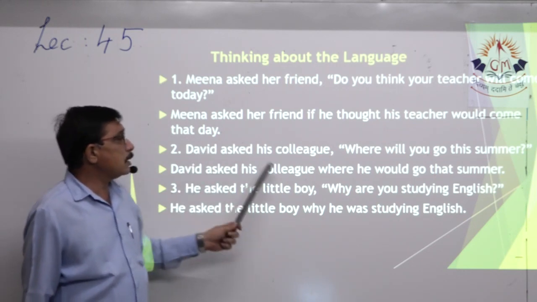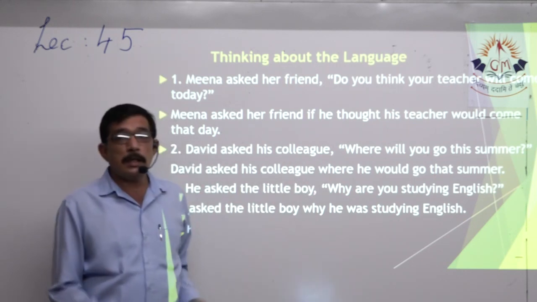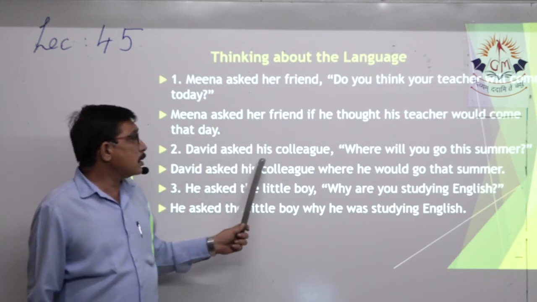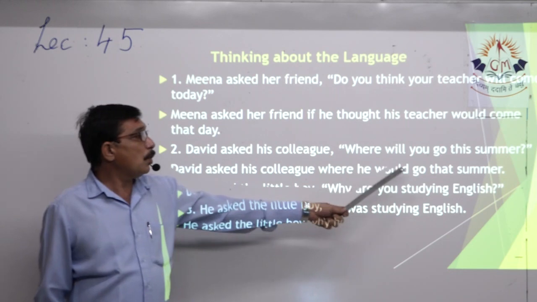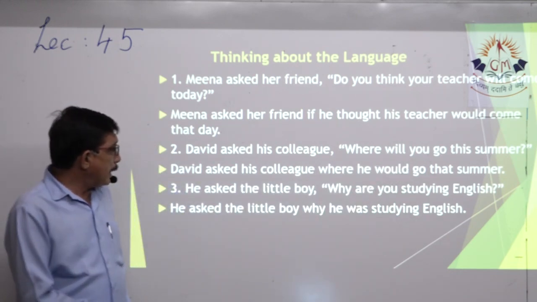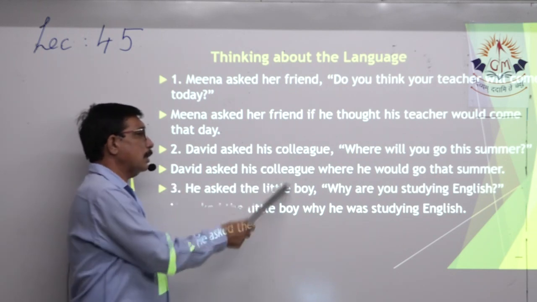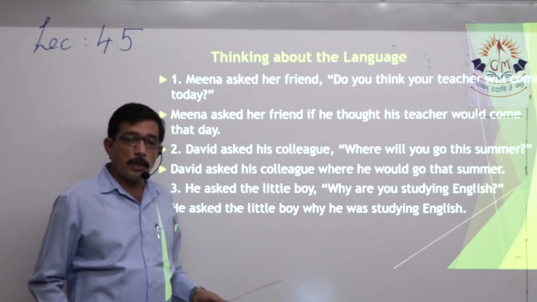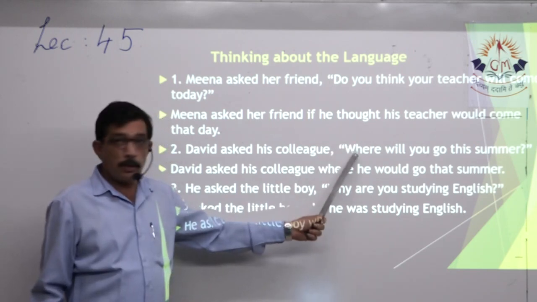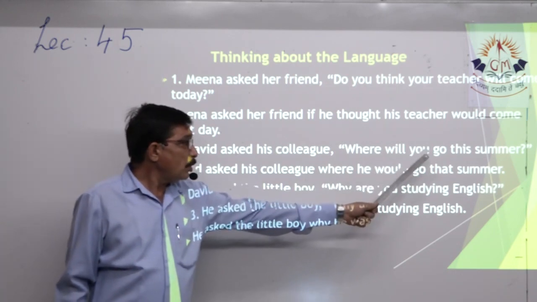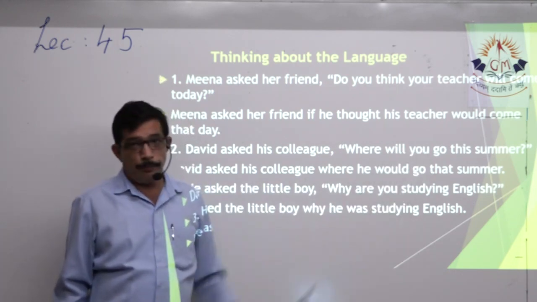David asked his colleague. A colleague is the one who works with him. David asked his colleague, where will you go this summer? Till here it remains the same. We remove the comma and inverted commas, we don't put them, we have the WH word over there. Where will you go? He would go.